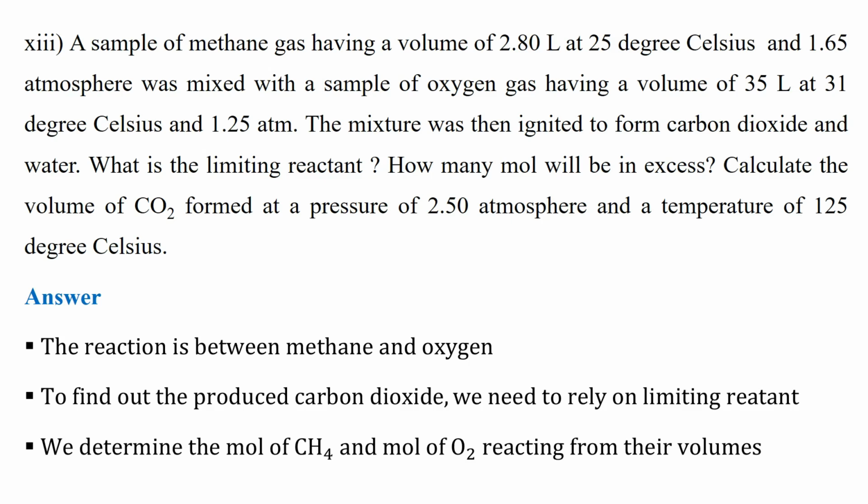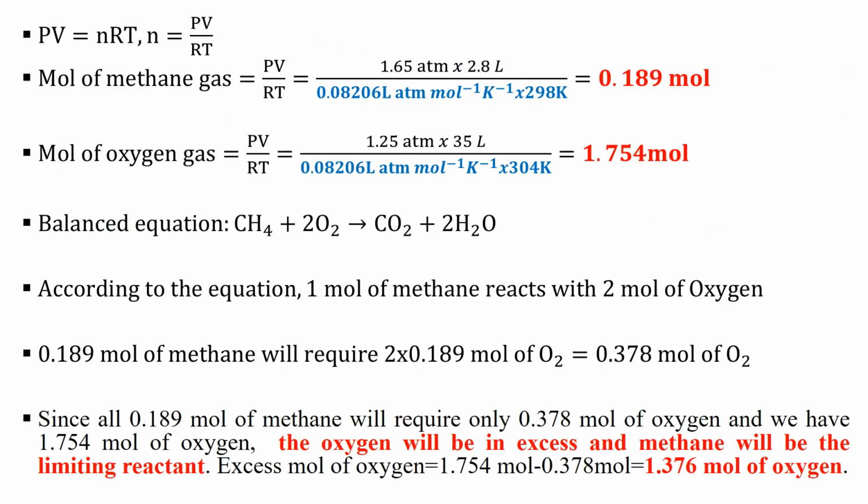But before doing so, we should know what amount of methane gas and what amount of oxygen reacted. So we need to determine first the number of moles of methane gas and of oxygen. PV is equal to nRT, so n is equal to PV over RT. We can calculate the moles of methane gas and we obtain 0.189. We also calculate the moles of oxygen and we obtain 1.754 moles.